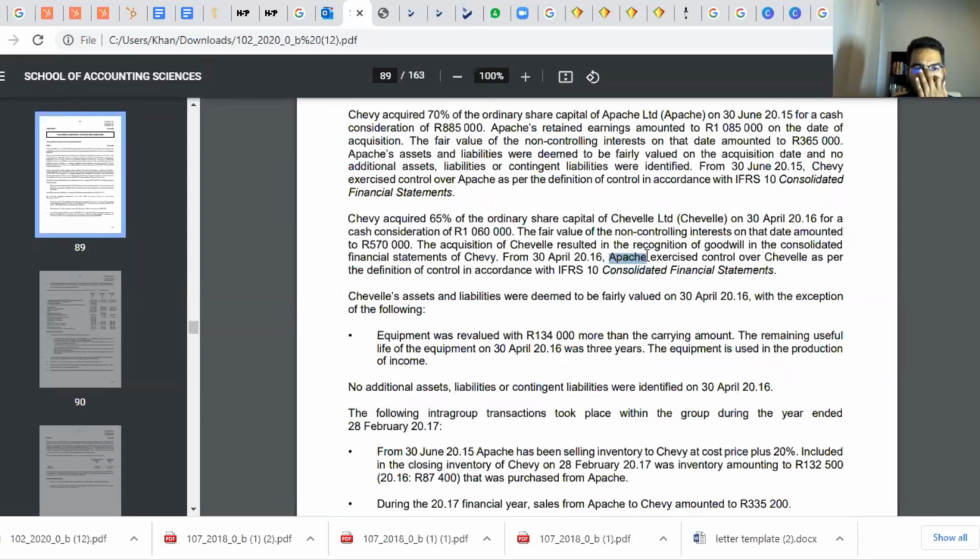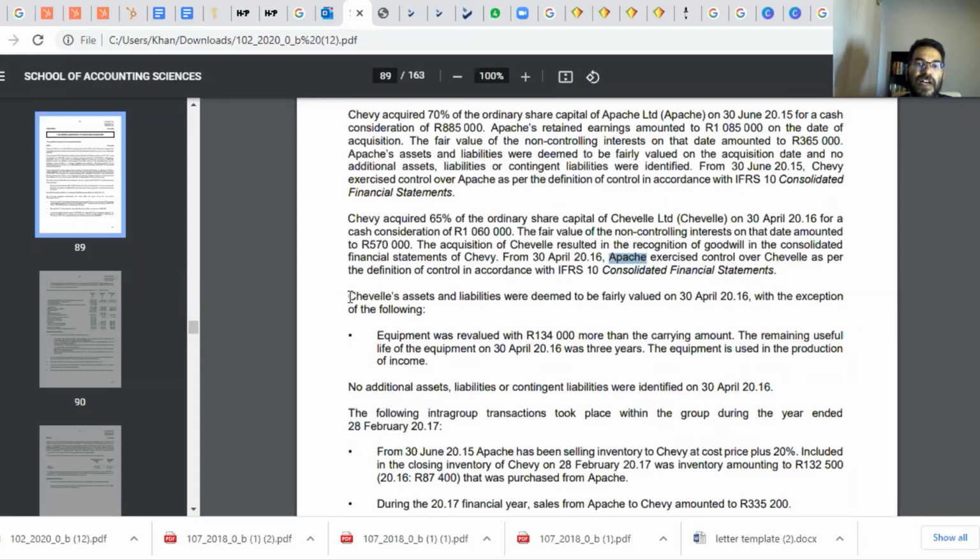So what's important to pick up is, number one, to look at the type of influence, and number two, to identify the date of acquisition, because the date of acquisition will tell you when to start applying the appropriate accounting treatment. And the type of influence will tell you what type of accounting treatment you need to apply. That's very important. Then to calculate goodwill, you're going to need your consideration, you're going to need the percentage, and you're going to need to know how NCI is measured. Let's read the next part.